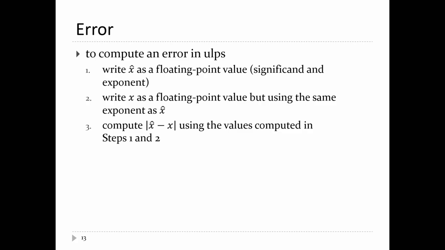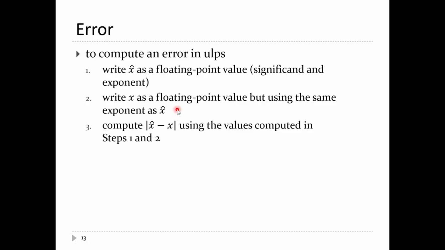Okay, so suppose you're not worried about conversion, but instead you're interested in calculating the error between a computed value and its true value. There's a recipe for computing its error in ULPs. You take your true value and write it using our floating point representation, so I write it using 3 digits times 10 raised to some exponent.